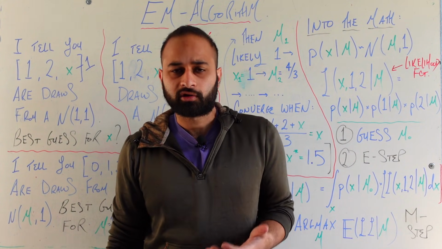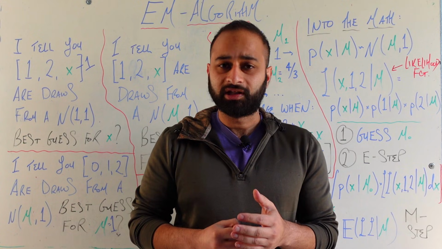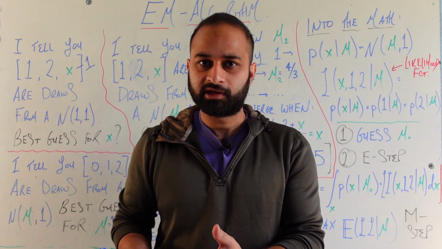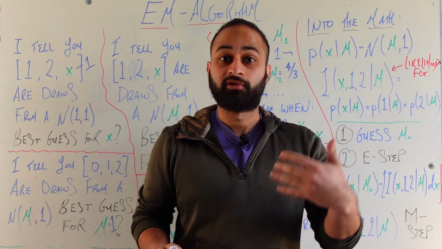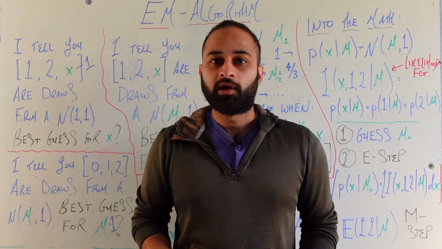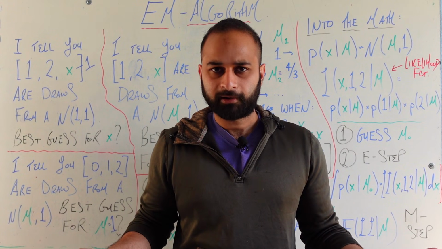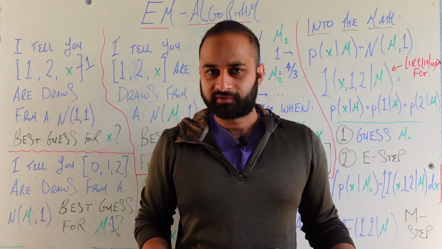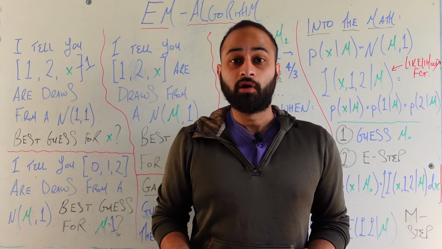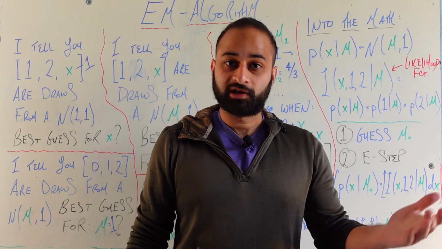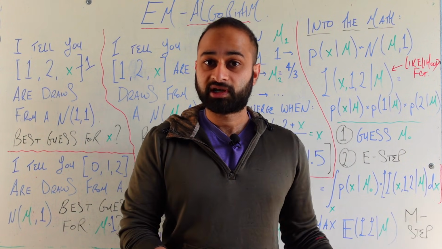And notice crucially here that we didn't do any calculus. When we think about maximizing or minimizing or optimizing things, we typically associate that with derivatives, needing to take some kind of derivative, set that equal to 0, solve some kind of equation. We haven't done any of that. And that, as we'll mention at the end of the video, is one of the big pros of the EM algorithm versus a method like gradient descent or gradient ascent, which can also be used to solve similar types of problems.